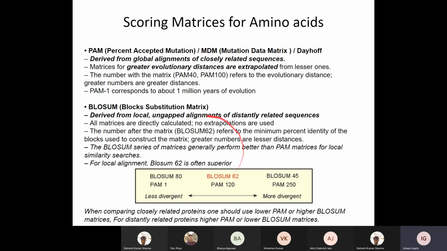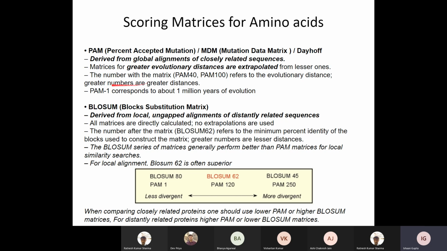Whenever you're talking about scoring matrices, there are two: PAM, right? PAM matrices are made by an older algorithm where you take the global alignments of closely related protein sequences, and then you essentially say that these alignments are representing tolerated mutations.